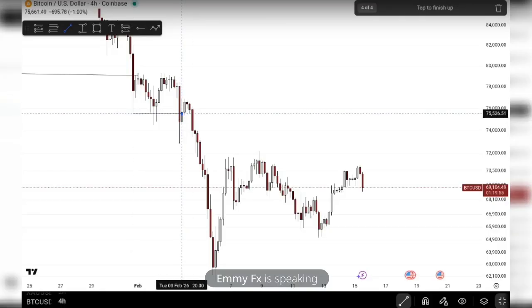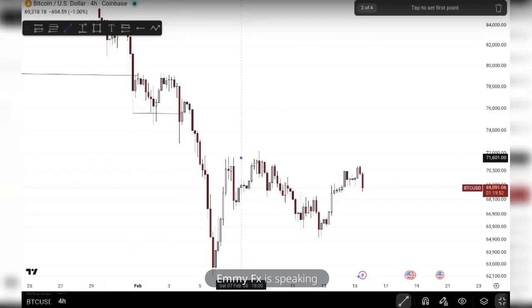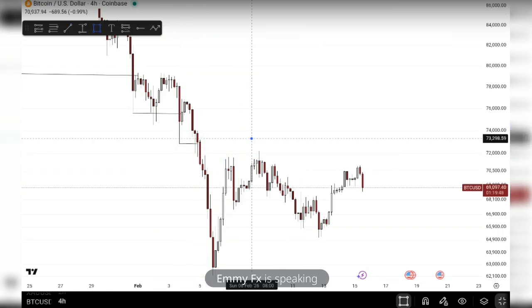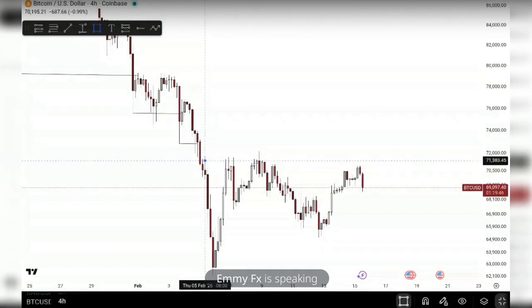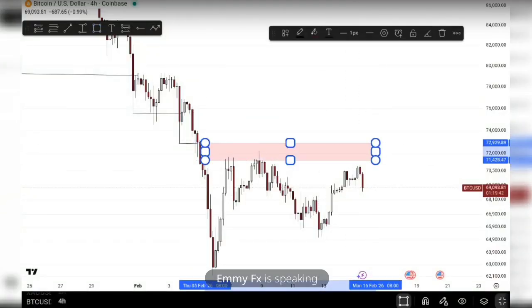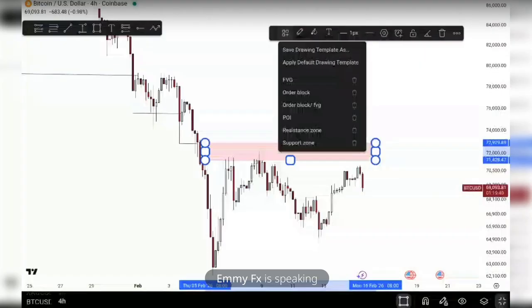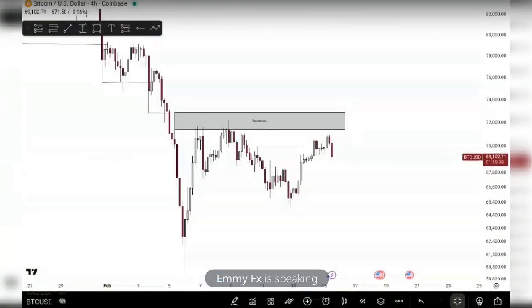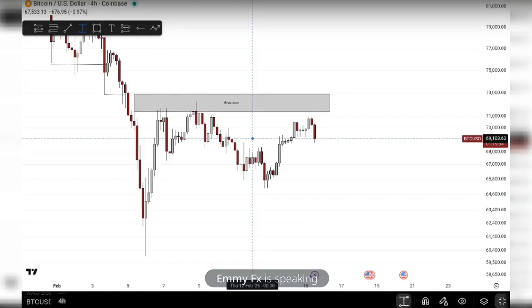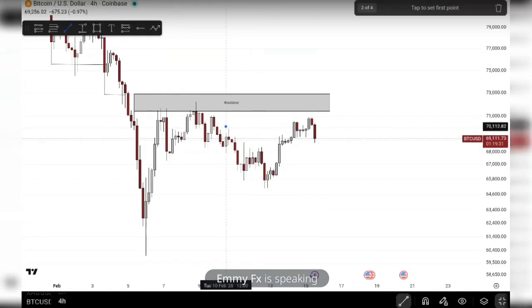Price is using here as a resistance zone. But we also have this break of structure to the upside, which personally feels more like an inducement level.